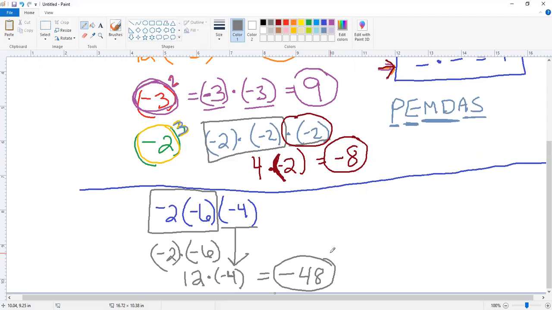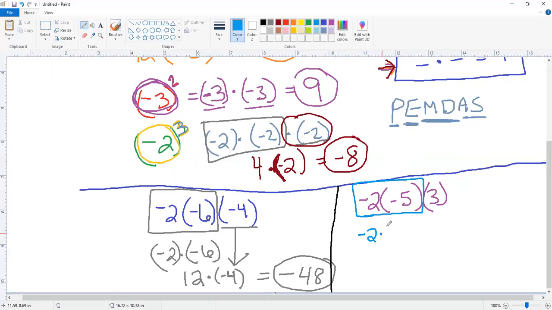All right, good job. We've got 1 more to do. And I'm sorry, I'm running out of space. So I'm going to draw a line. We're going to work over here. We've got -2 times -5 times +3. It doesn't change what we do first. We're just going to focus on those first 2 numbers, -2 times -5.